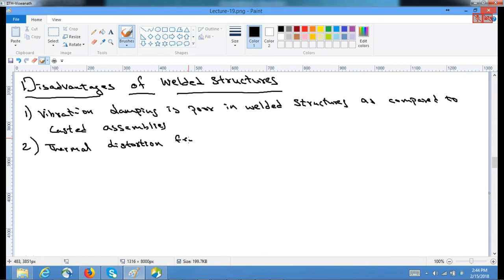Further, the thermal distortion from welding induces residual stresses.